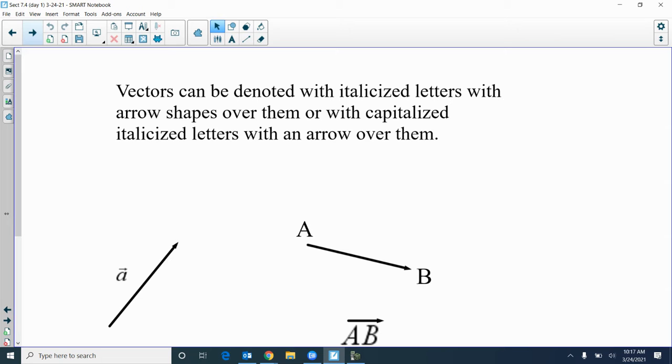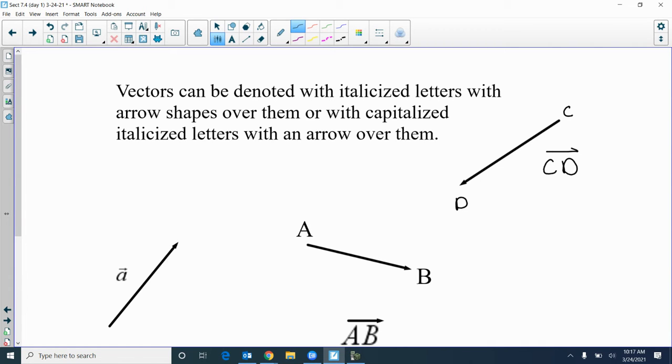So if I have a vector here, and this is C, this is D, you would still label it CD with that arrow going to the right. That's just a generic way to label them. It does not indicate the direction of the arrow, it just says it's a vector.